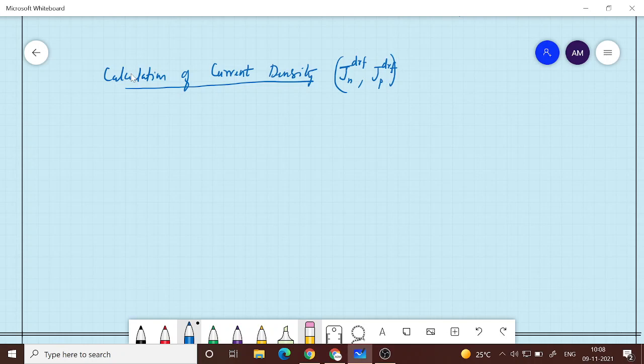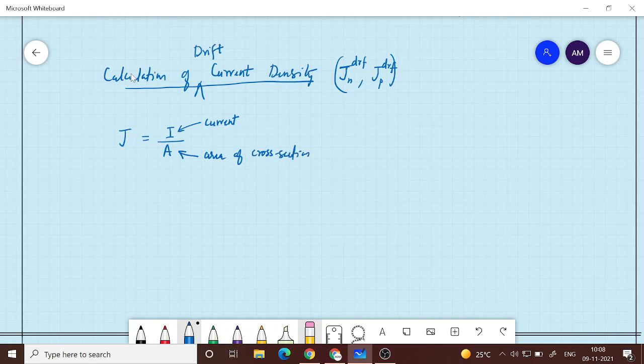Calculation of drift current density. Now J in general is basically I divided by A, where I is the current that we talk about, and A is the area of cross section.